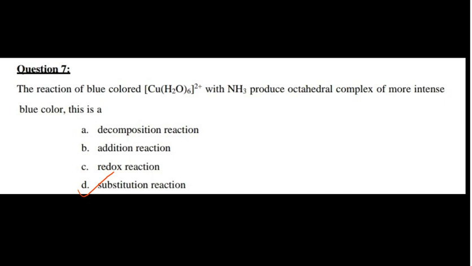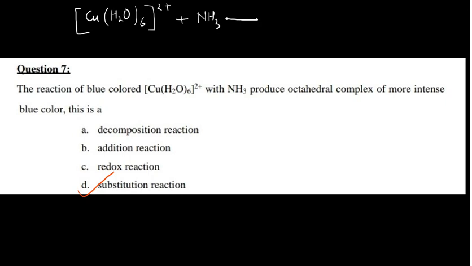I can write the reaction here. Earlier you were having [Cu(H2O)6]2+, and you are reacting this with ammonia.